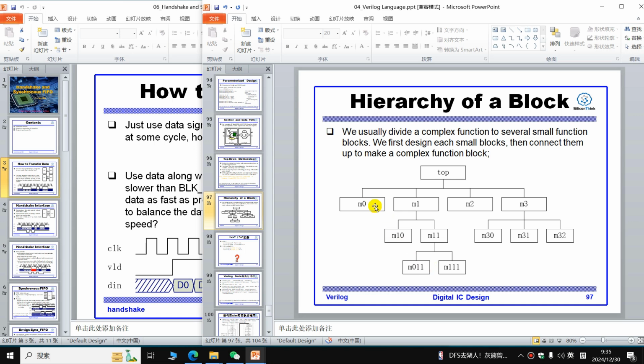Then we will design the sub-blocks one by one and finally collect them up. That is, instantiate the sub-modules to make the complex function block, or you can say to make the top block. So this is the method we usually use to deal with complex blocks.